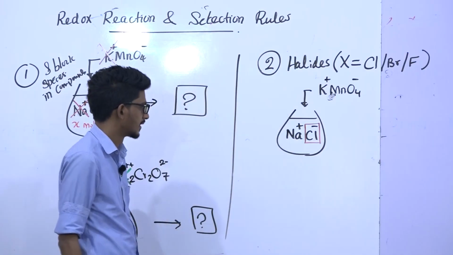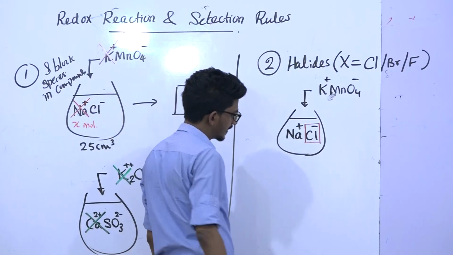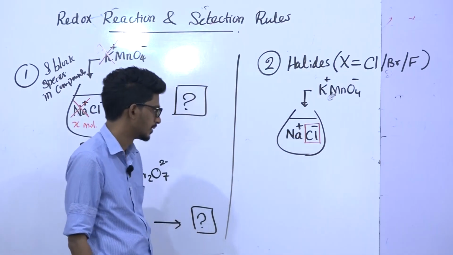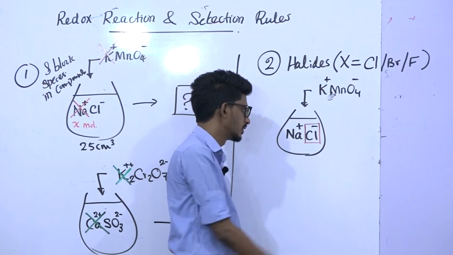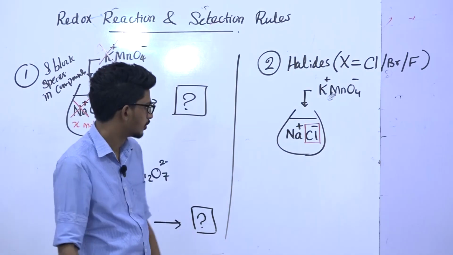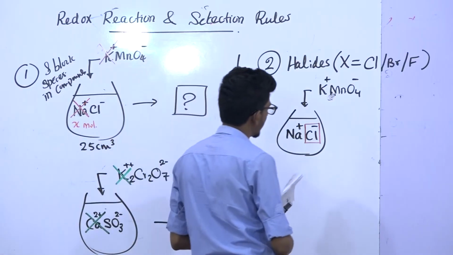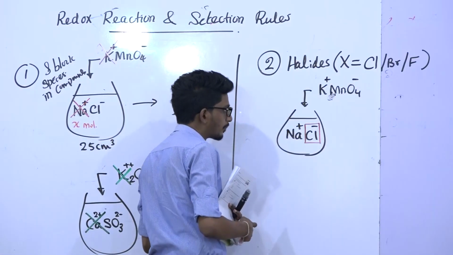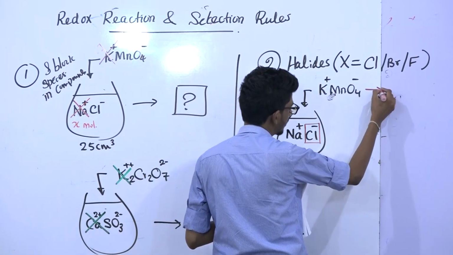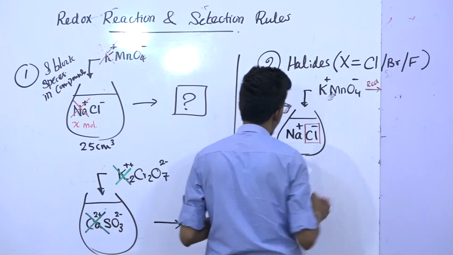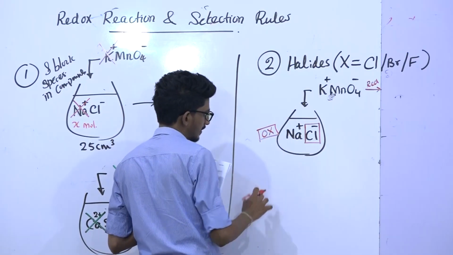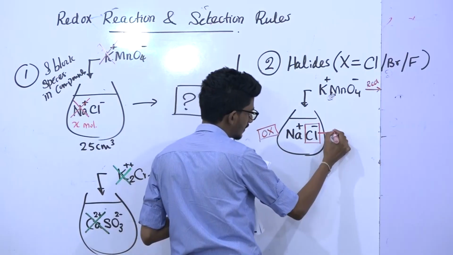So, here the Cl minus is already in the X minus form, so the only possibility is to go to the X2 form, that means Cl2. If the chemical being added from the top is getting reduced, and some oxidation is happening here in the flask, definitely this guy goes to Cl2.